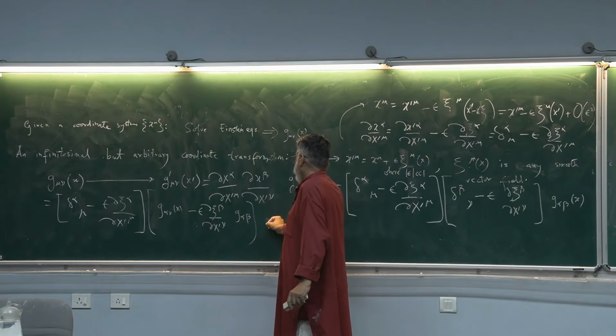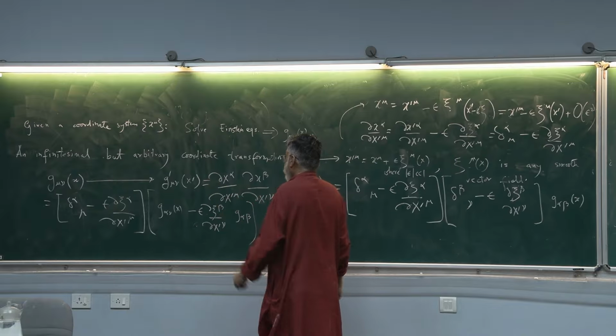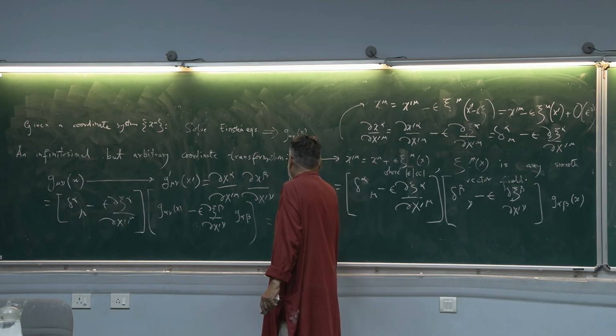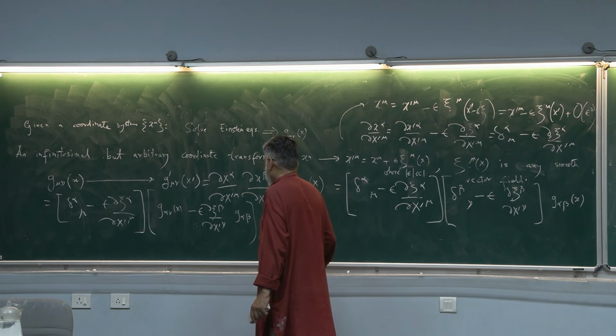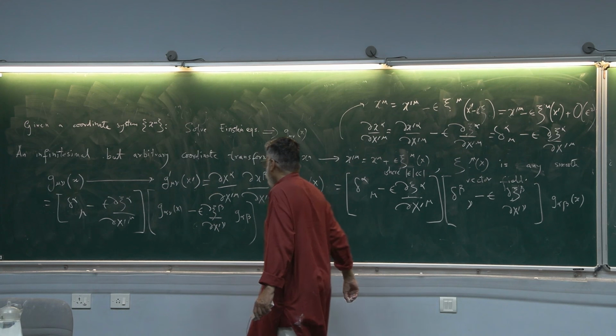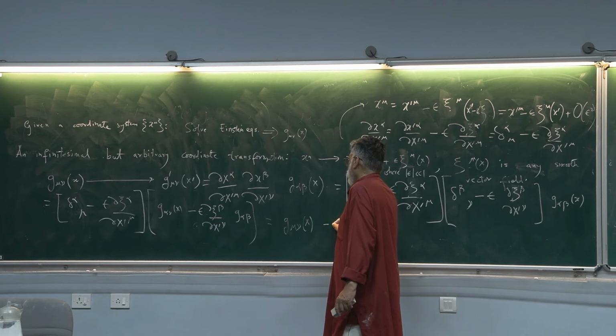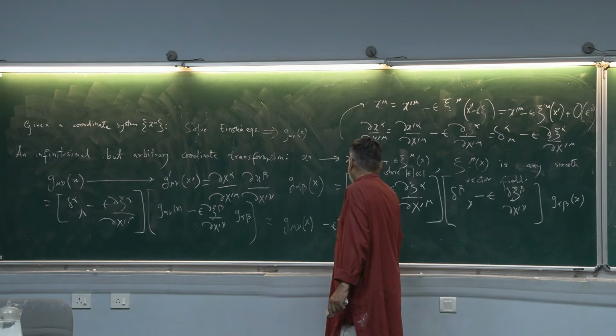So this will become, first when it acts, wherever there is alpha you get mu, so it's g mu nu of x minus epsilon del xi^alpha by del x prime^mu multiplied by g alpha nu of x.